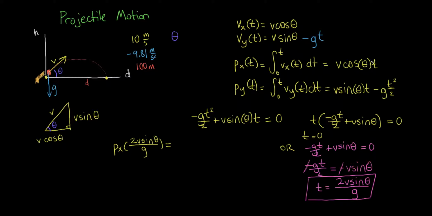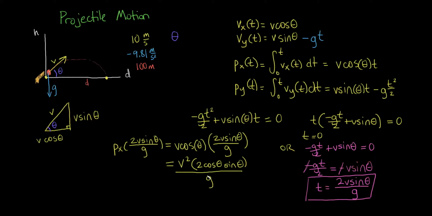If we just plug this in, we're multiplying v cosine of theta by 2v sine of theta divided by g. Multiplying this all through, we get v squared, because we have two v's, times 2 cosine of theta sine of theta divided by g.